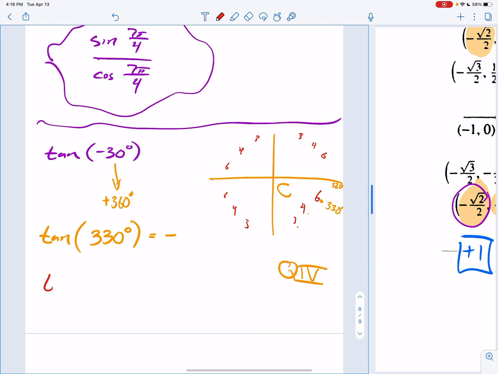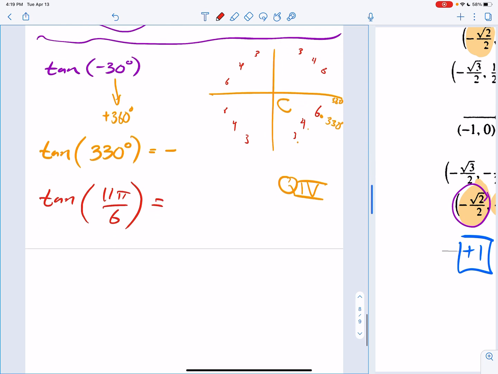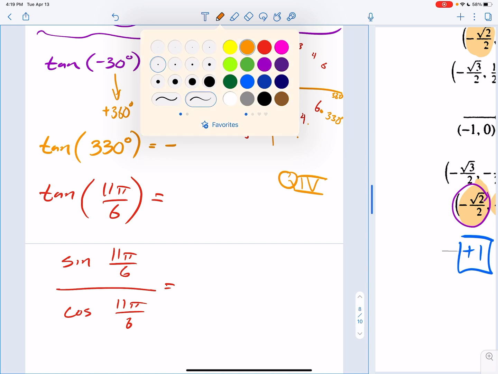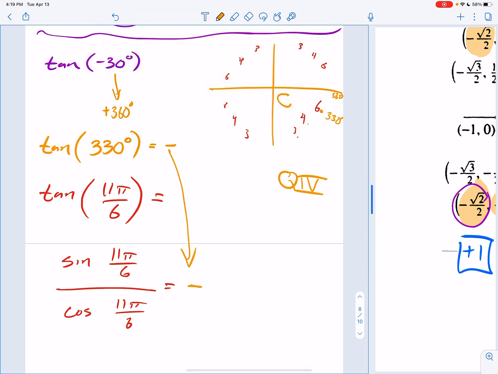So I know that this is the tangent of something over 6, specifically 11 pi over 6, but it doesn't matter. So if you're not good with the mental math, you write it out. Tangent is the same thing as sine of something over 6 all over cosine of something over 6. Remember that we still have a negative. I'm going to bring that down.